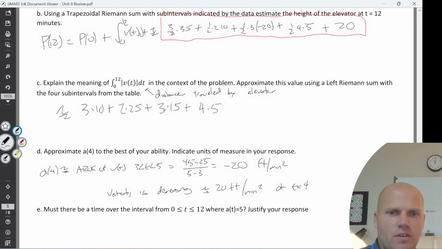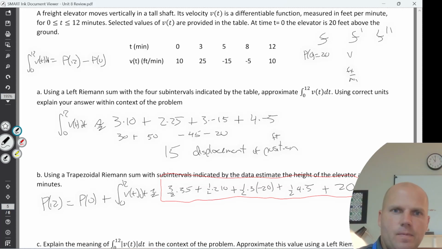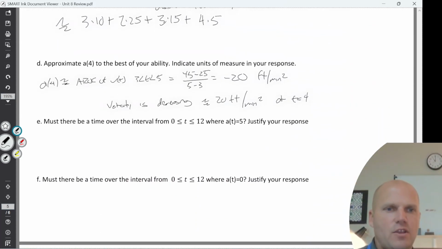Must there be a time over the interval where the acceleration equals 5? The mean value theorem is how we use it. All you have to do is say the velocity is differentiable, which means it's smooth and it's continuous. And all you have to do is find an average rate of change of velocity to equal 5.